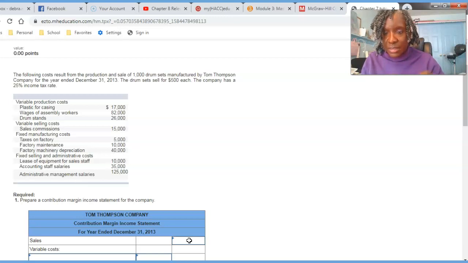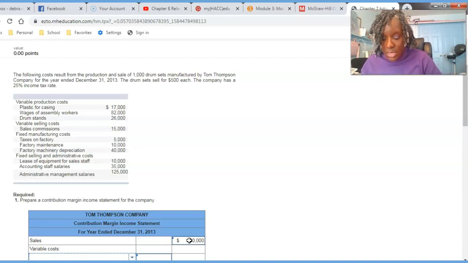So the first thing we want to do is calculate what the income is. If we take the price, which is given to us, of $500 per drum set, $500 each, and they're going to be selling 1,000 of them, I already know that my income is going to be $500,000. So far, so good, right?